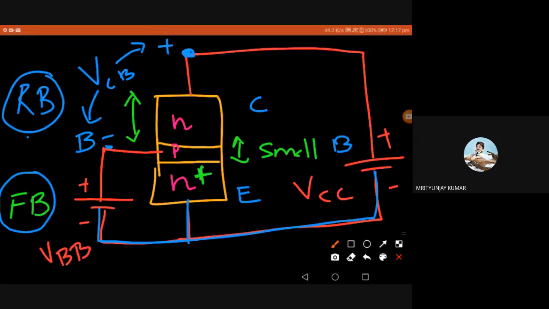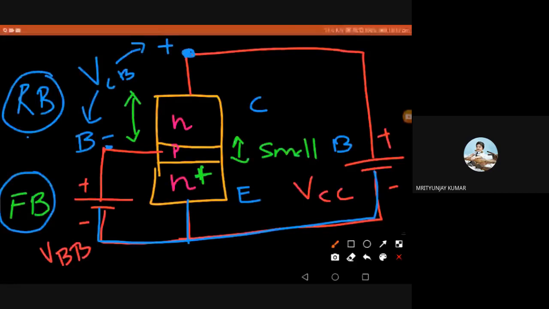Before going to that, I think we can have one more example of a new kind of circuit. Yesterday we discussed two types of circuits. I will give you one more circuit which is also very much used in practice. After calculating the biasing point of this transistor, we will explain how we are getting a beta times gain in the collector current over the base current.